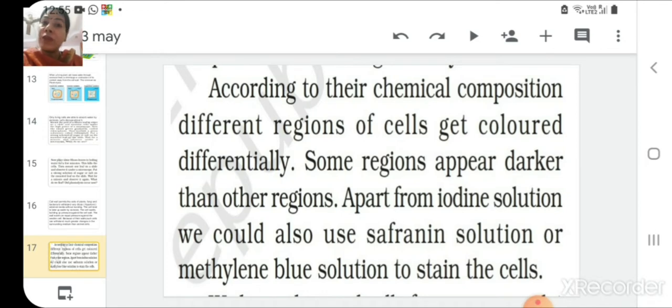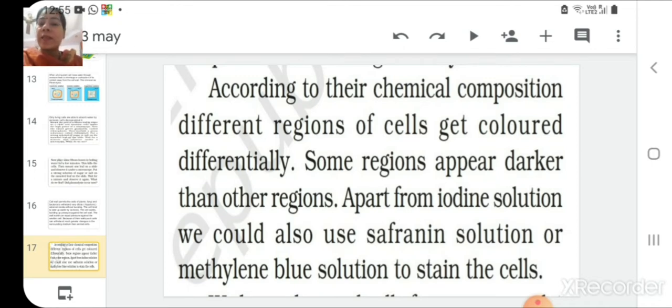Similarly, we have different kinds of stains in biology which specifically bind to particular kinds of organelles in a cell. Some regions appear darker than other regions in the cell. For this purpose, we have various stains. These stains can be iodine solution. It could be safranin, which gives a pink color to the cell sample. It could be methylene blue also.